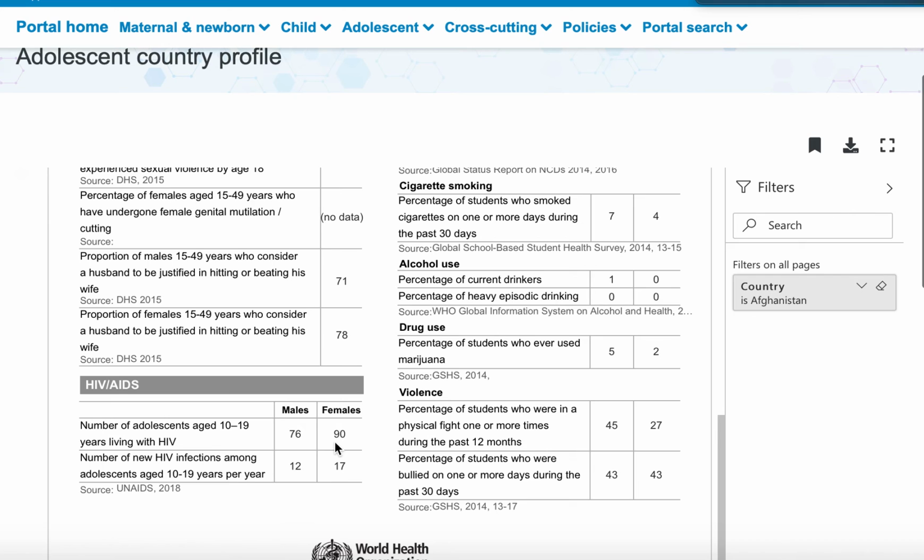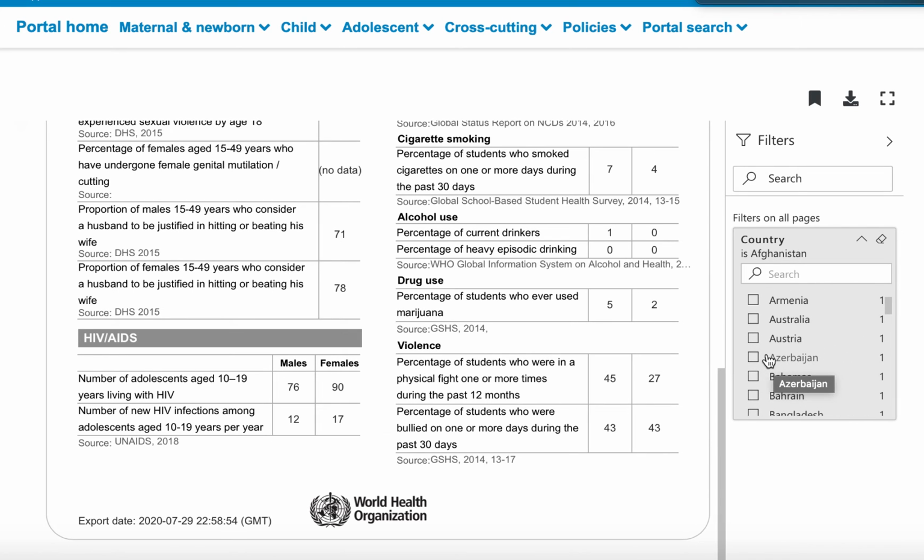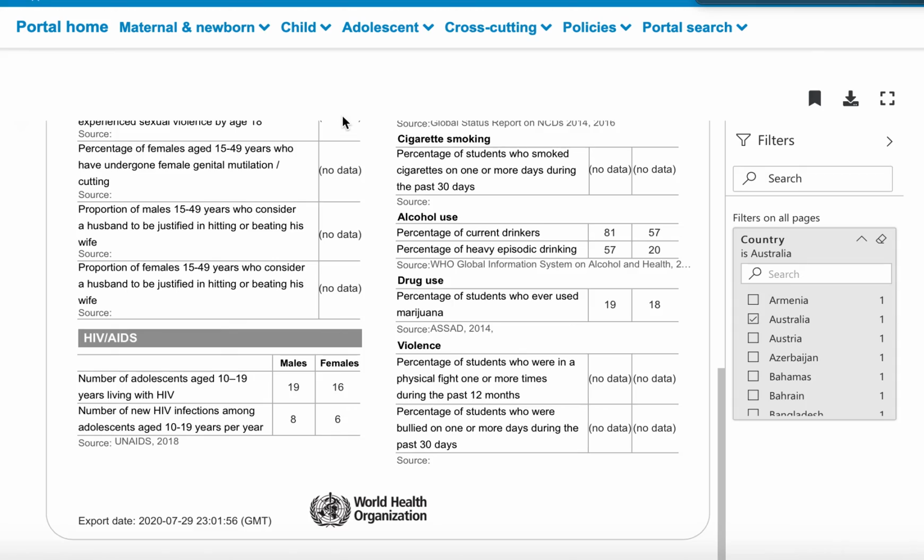Have a look at those numbers for other countries. So simply click on the drop-down box over here, load up another country, and you can actually load up more than one country at one time and see the differences between those two countries and it will give you a really good indication as to where Australia sits compared to others.